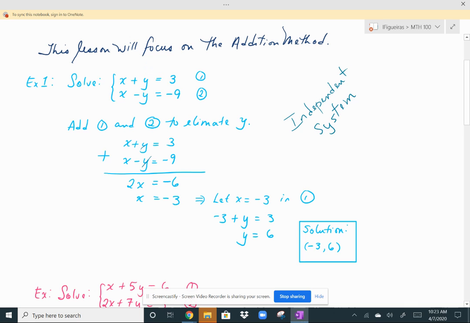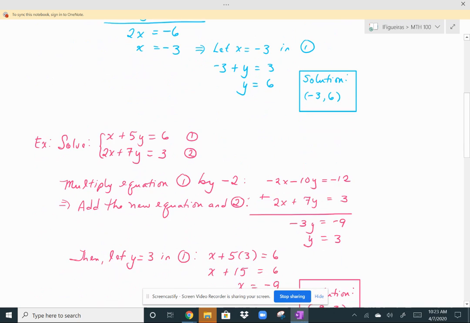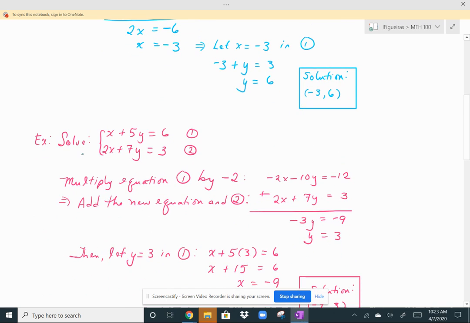In this second example, I don't have that. If I added these two equations as they are, nothing would cancel. So that means I have to manipulate one of them. You have to make a decision as to which variable you want to eliminate. I'm going to eliminate the x's this time.